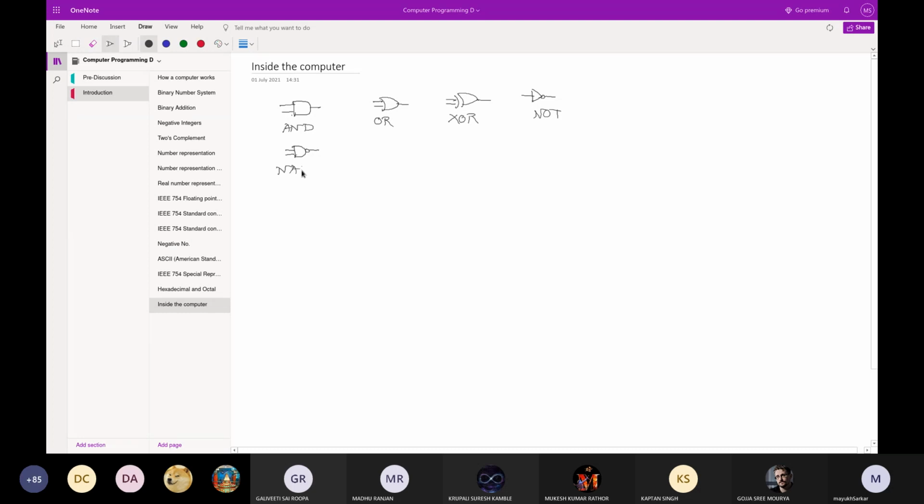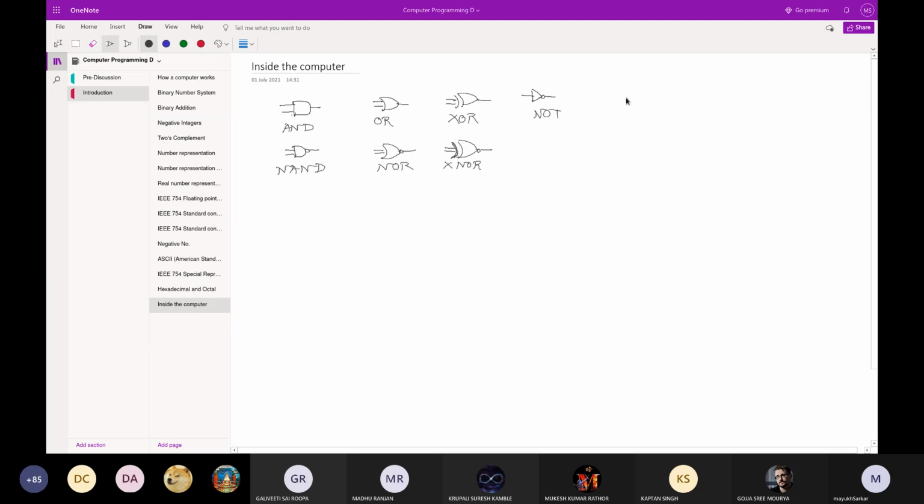This is NAND, NOR, XNOR, and these are the 7 gates, right? These 7 gates are internally made up of transistors.